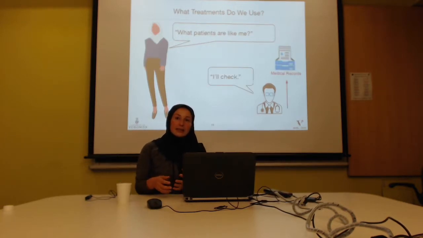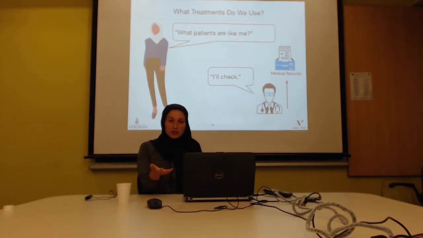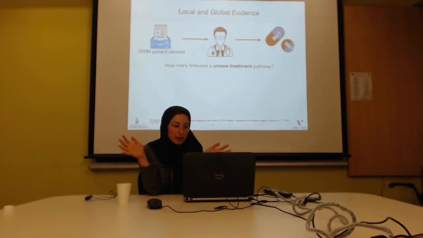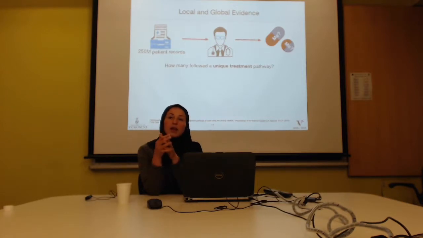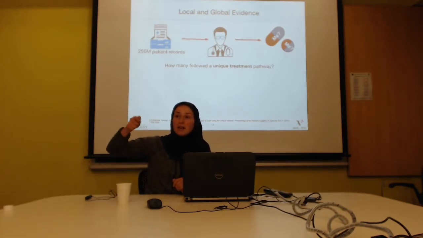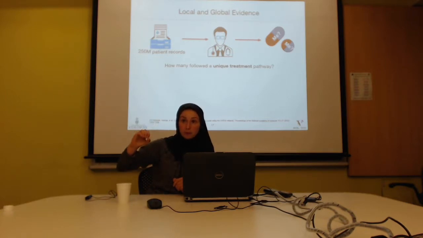But human beings are actually remarkably unique. Even if we look at medical records for 250 million patients, they did a study where they looked at 4 countries, 250 million patients' worth of records, and then saw how many patients followed a completely unique treatment pathway. That means a set of medications shared by nobody, 0 other people.